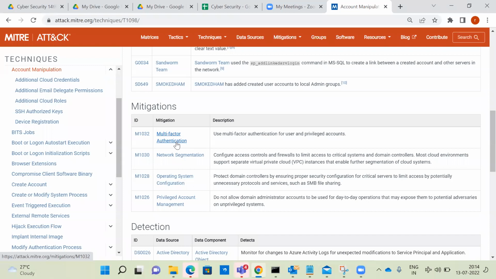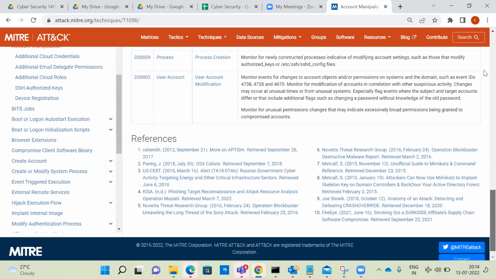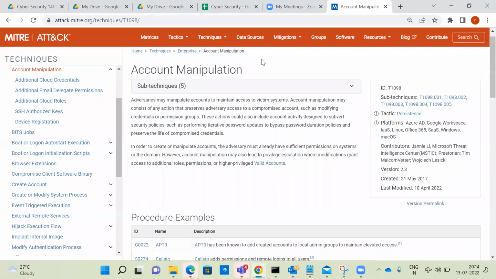All these are multi-factor authentication examples. Network segmentation, privilege account management, complex passwords. Okay, so all these are examples. How we can detect those types of attacks. In such a way, each and every tactic and technique comes along with mitigations.